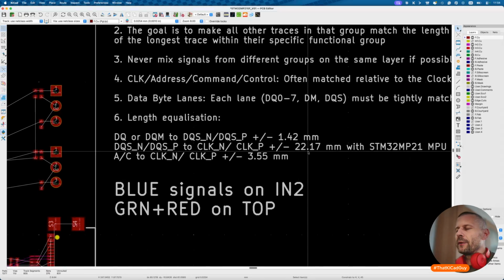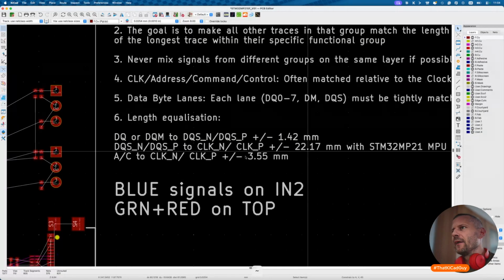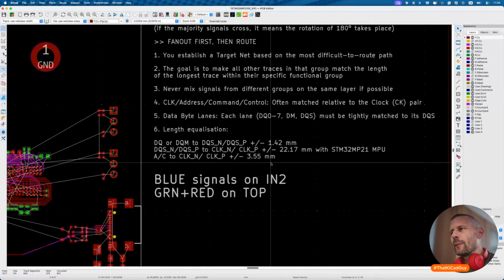So in my opinion, if I take the DQS0 signals, which is the lower byte, am I right? 0 is lower byte, yeah. The lower byte must be length tuned to the lower data signals. It means D0 to D7 and DQS0 must be plus minus 1.4 millimeter, which is 56 mil.